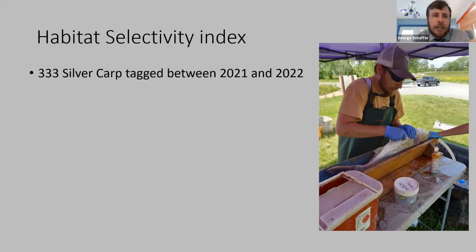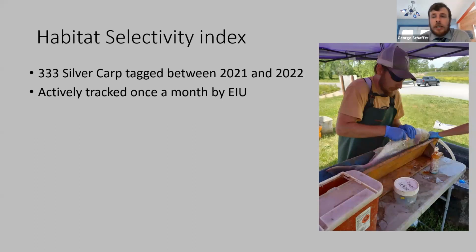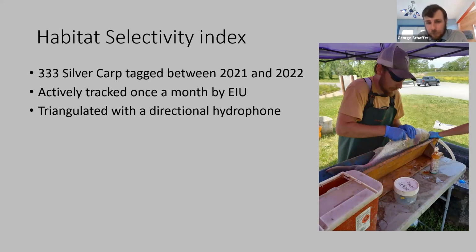So we surgically implanted 333 silver carp with acoustic telemetry tags between 2021 and 2022. And they were actively tracked once a month by Dan Roth and Coy Blair from Eastern Illinois University, where they were triangulated using a directional hydrophone.